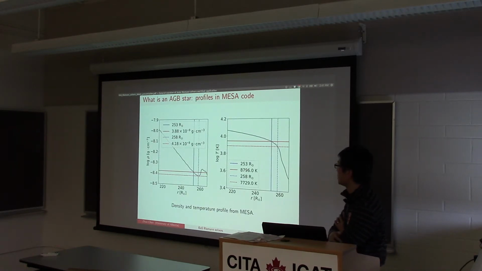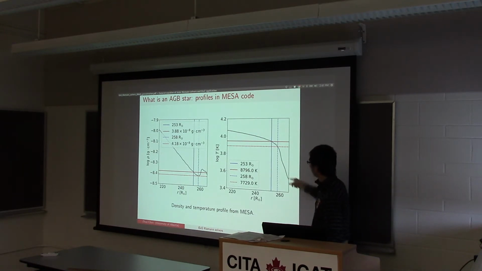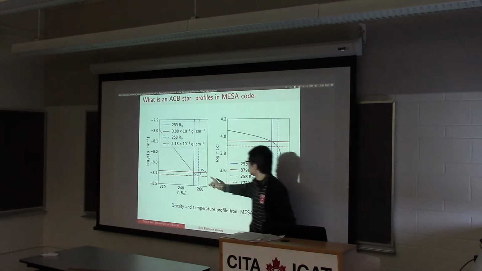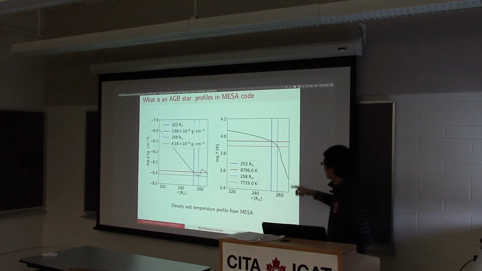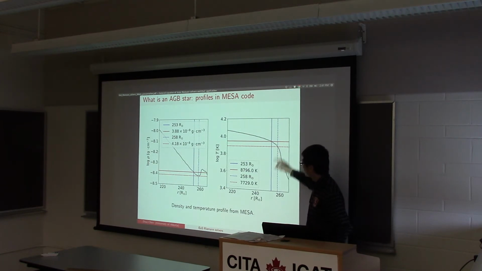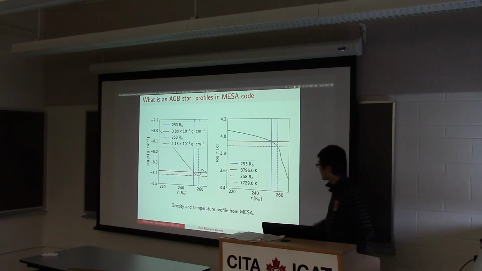So in profile, this model looks like the black solid line. We choose two positions to put our piston. One is the minimum density point. At this point, its temperature is only 7,700 Kelvin.